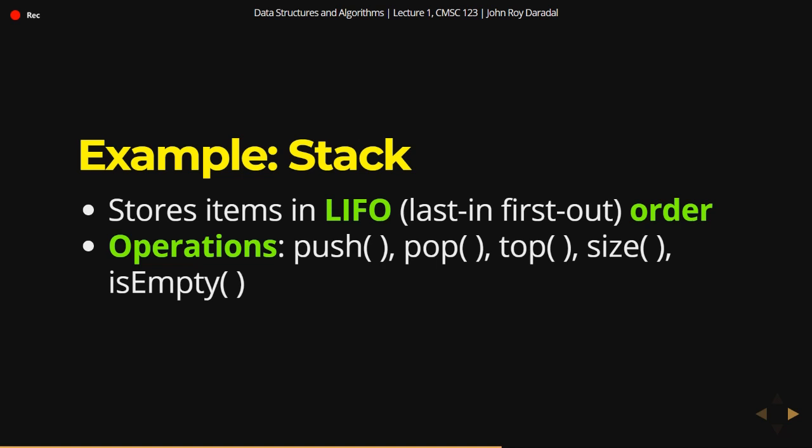So you have the push, so you add an item to the stack; pop, which is removing an item from the stack; top, which is looking at the top item of the stack; then size, of course, how many items; and then is empty, whether the stack is empty or not. Okay, so 5 operations. So yeah, this answers the 2 questions. How is it organized? So it is in last in first out order, and the operations it supports are these 5 operations. Okay.